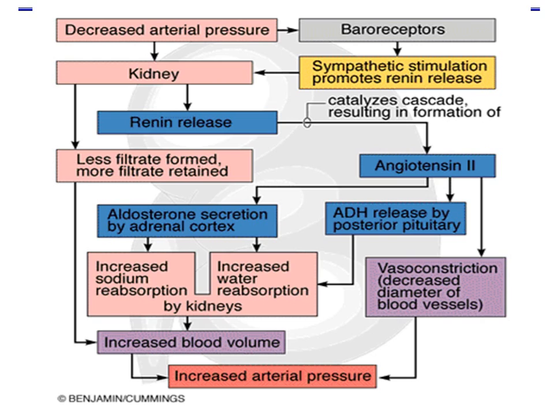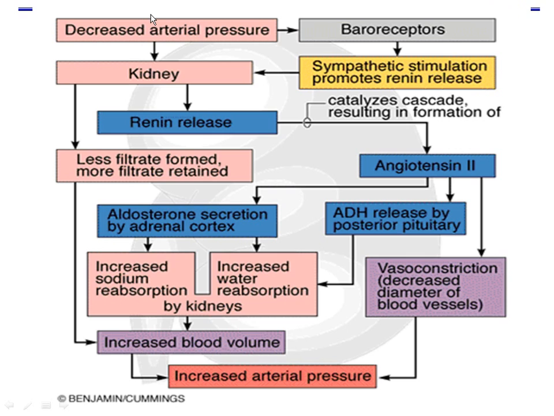So I'm not going to go through this, but again, I want you to pause the recording, and I want you to work your way through this flow chart. I want you to start way up here on the upper left where I'm circling, where if arterial pressure is low, what's going to happen?